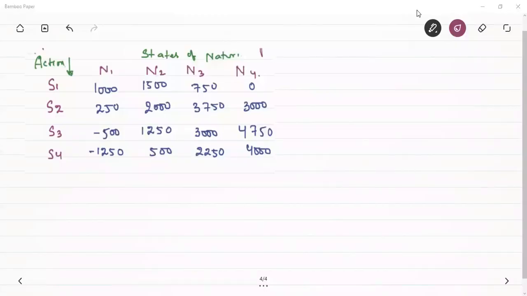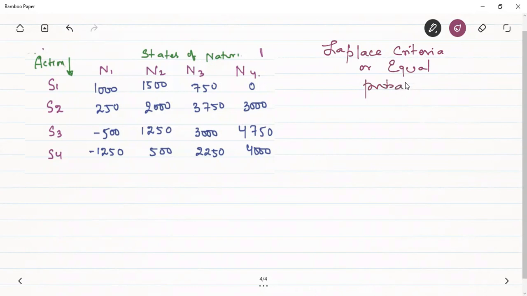Now what we did in this criteria, that is Laplace criteria or equal probability criteria, we calculated the average payoff for each course of action.